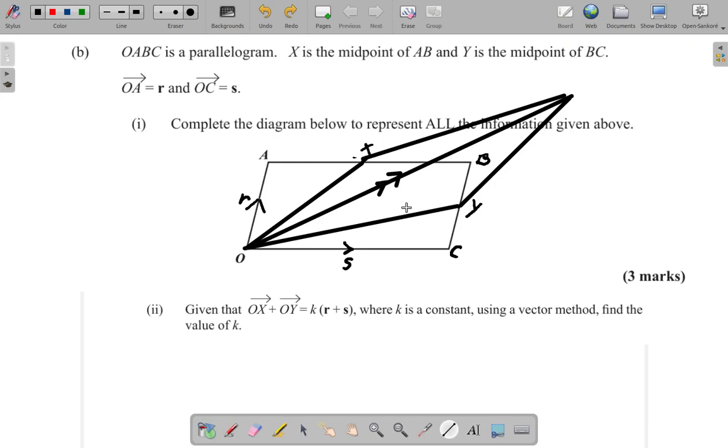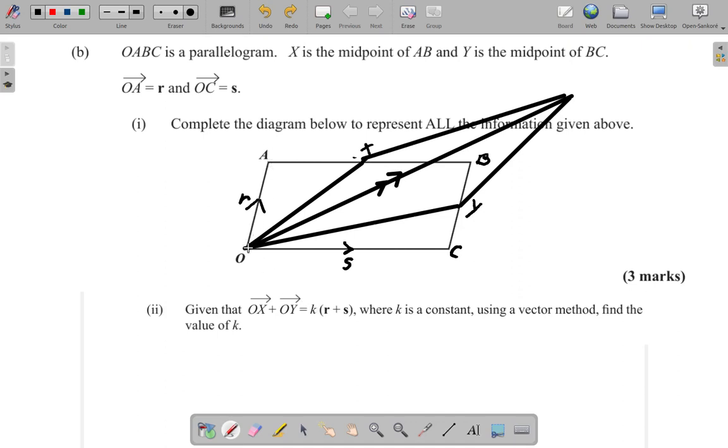Alright, so that is OX plus OY. They say it is equal to K(R plus S). The K is a constant. Let's see what this is all about now. OX plus OY is this vector. R plus S is which vector?